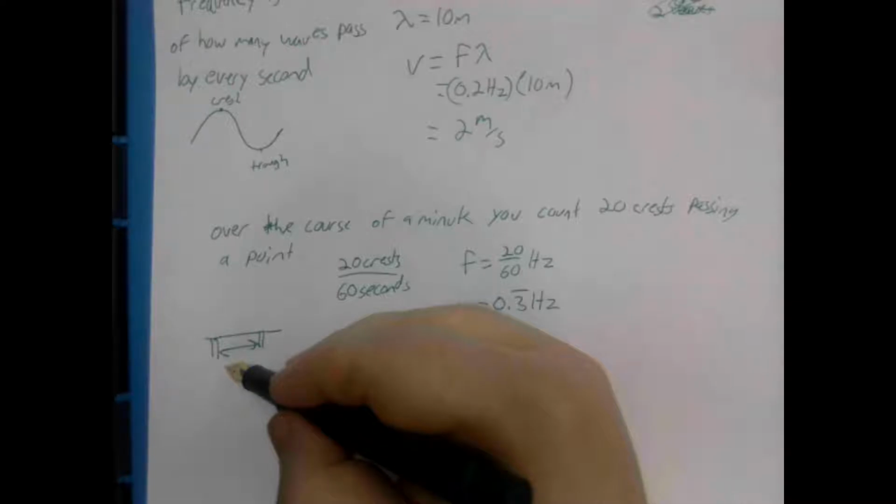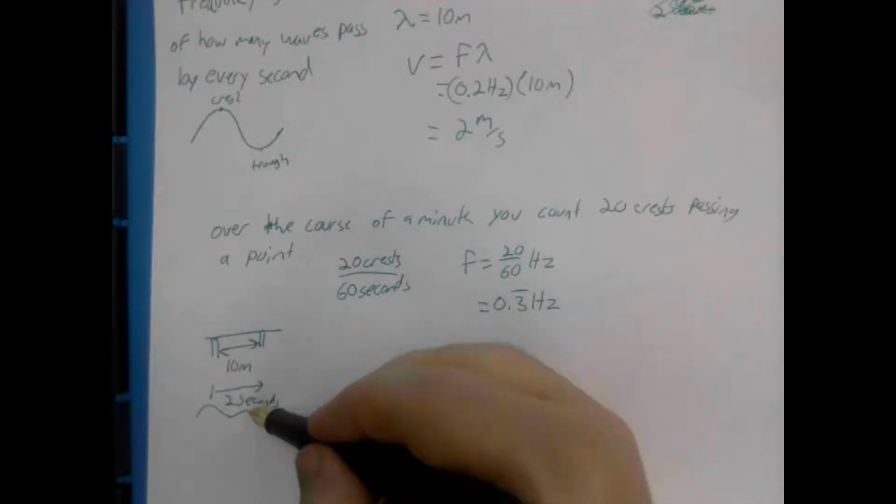And you time that it takes 2 seconds for a crest to move from here to here. So velocity or speed is distance over time. So 10 meters divided by 2 seconds gives us a velocity or speed of 5 meters per second.